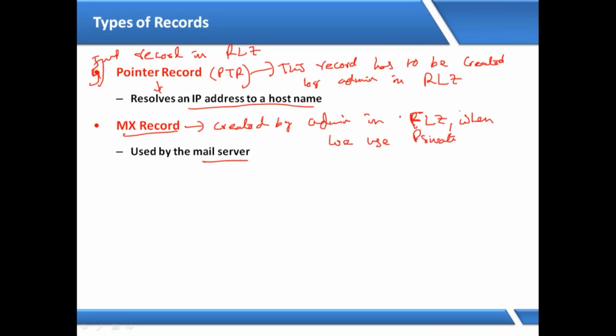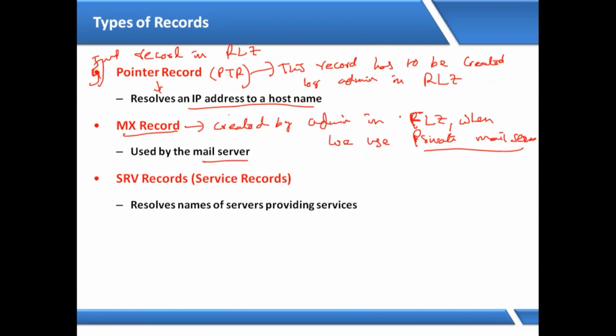If you are not using your private mail server, there is no need of this MX record. If you are using your private mail server, then you have to create the MX record in the forward lookup zone.